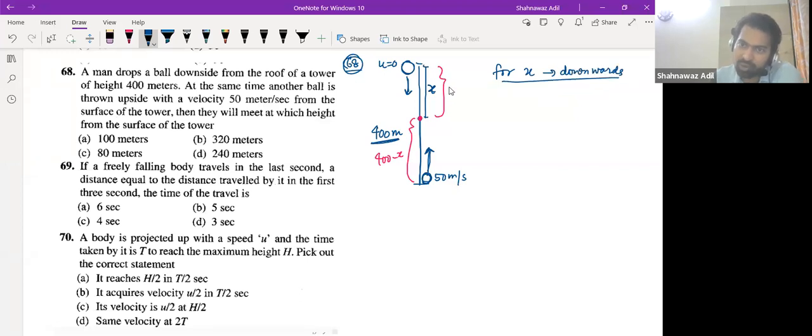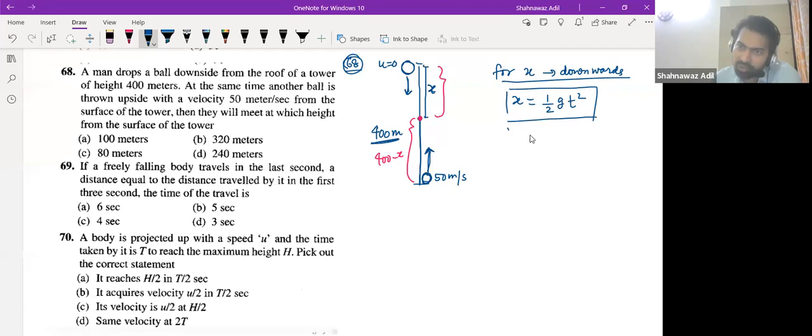So what would be the equation for x? Sir, x is distance. Yes, x is distance, right? So ut will be cancelled. Yes, half g t square. Good. So this is half g t squared. Now, what would be the equation for this distance 400 minus x?